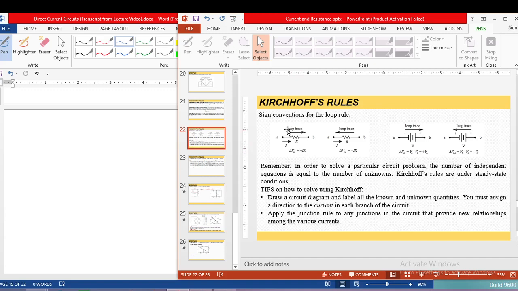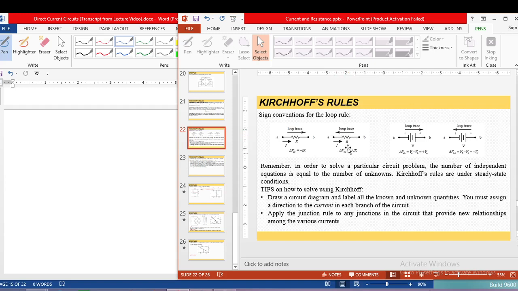That is if the loop trace is in the same direction as your current. But if they are in opposite directions, with the same current direction but the loop going the other way, the voltage drop is positive, since they oppose each other and the loop is pointing to the positive leg of the resistor.